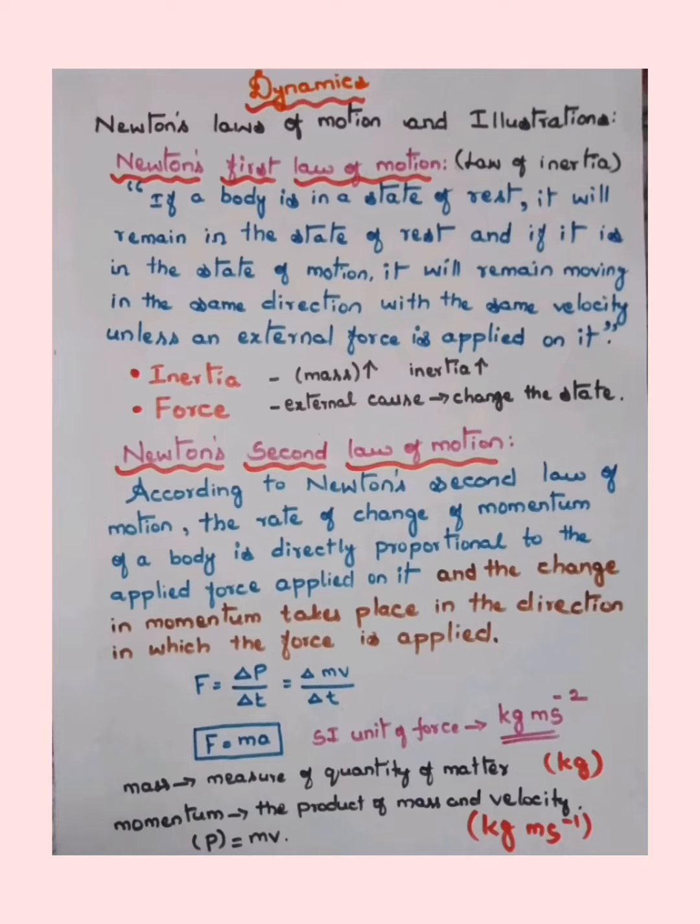That's all about Newton's first law of motion. All the examples and illustrations were given in the previous video where we discussed many examples. Please go to the description box or the physics playlist in our channel, and you will get all the examples of inertia. Okay, let's move into Newton's second law of motion.